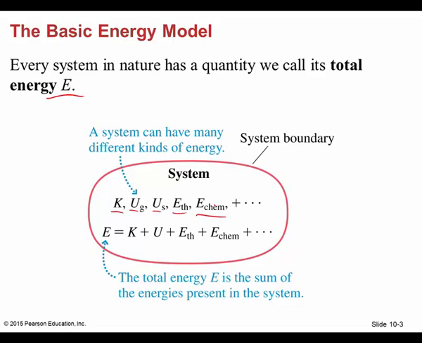But typically when we say the total energy of a system, we use the uppercase E, and notice that the total energy of any system is going to be the total of all other energies of that system: kinetic, potential, thermal, chemical, and so forth, okay? Internal energy, we could throw that in there too, and that would also be considered part of the total energy.